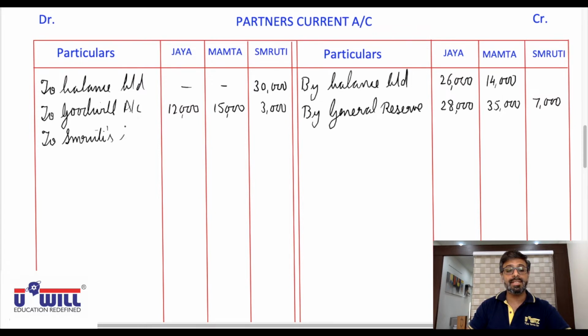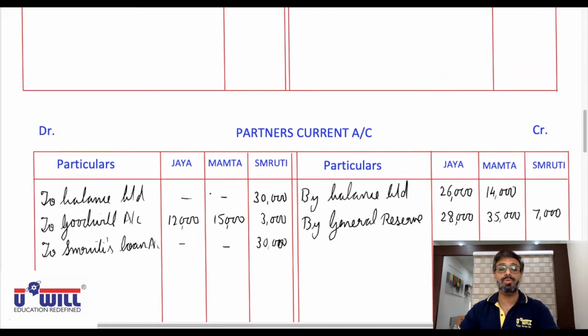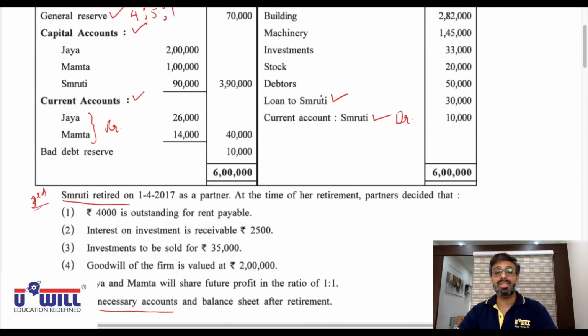Basically this is not a loan borrowed, but it was a loan given to Smriti, 30,000. So by debiting her current account, the amount payable to Smriti will automatically decrease because the firm had already given loan to Smriti. Entry would be Smriti's current account debit, and loan to Smriti is a debit balance. To close it we reverse and credit.